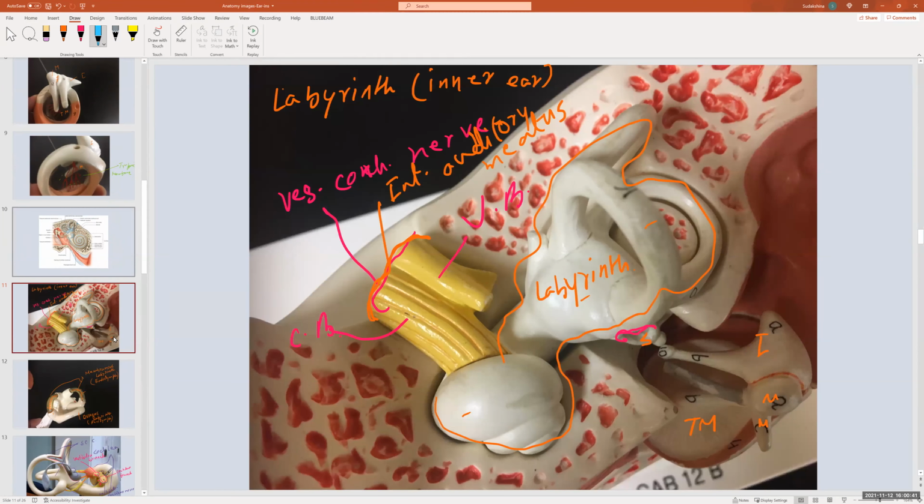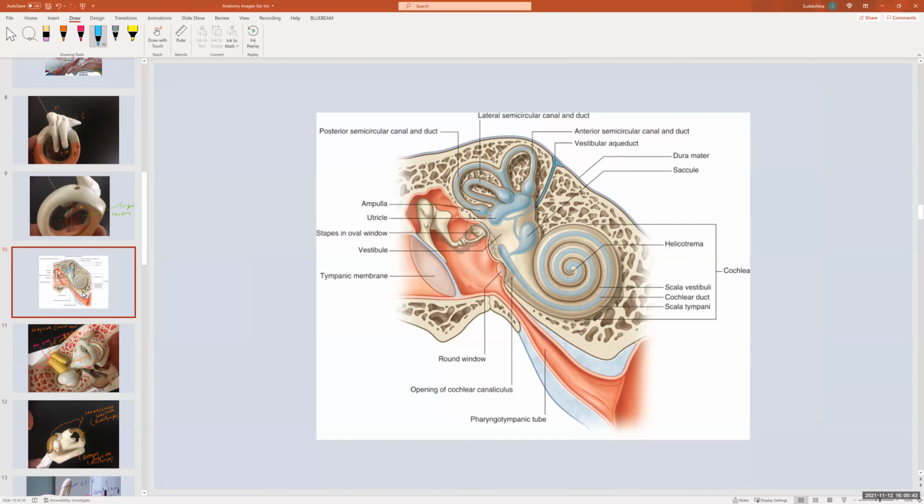I should have one diagram of that. Oh, right there, yes. You can see that. Scala vestibule. So that's the stapes. Here is the secondary tympanic membrane. And that's the oval window. So this starts vibrating. On the other side of this is the scala vestibule.